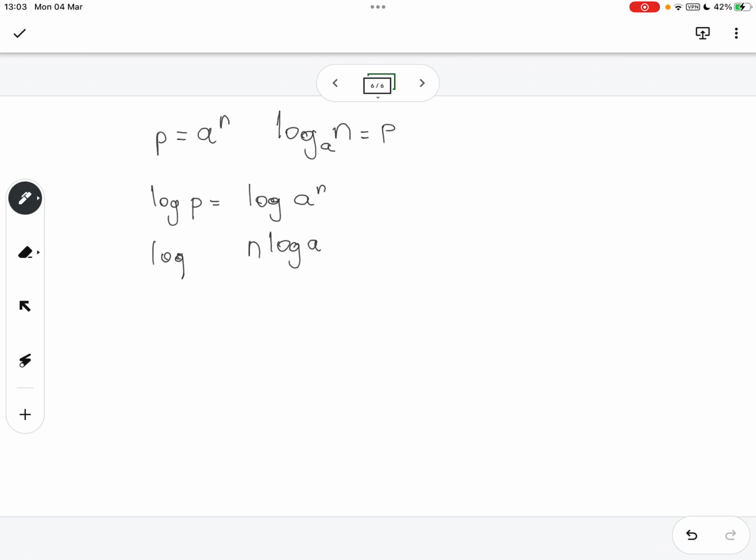Yes. And then the exponent jumps down, becomes a coefficient. So n log a equals log p, right? Yes. Then I can divide both sides by log a, so that n equals log p over log a, and log p base a.